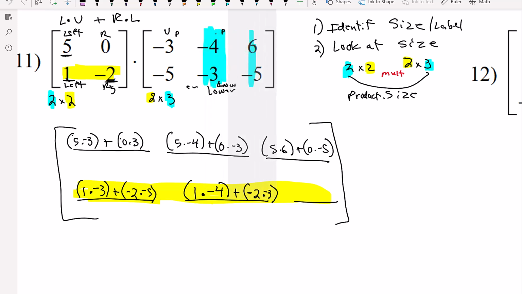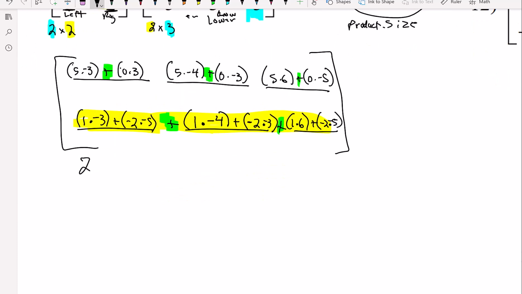I'll just restart again. So 1 times 6 plus -2 times -5. Notice I put the plus sign between the two parentheses. Oh, I didn't do that there, so I will do that there now.